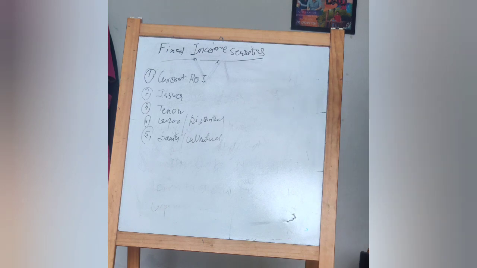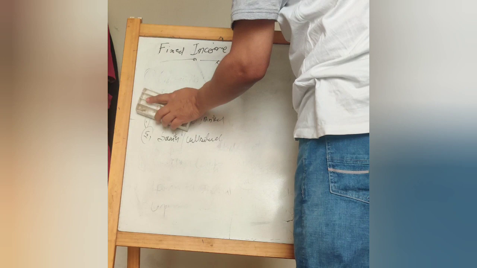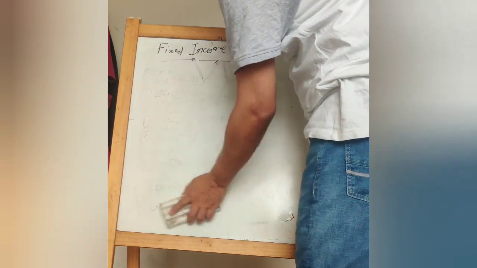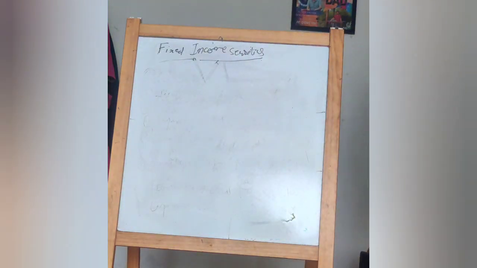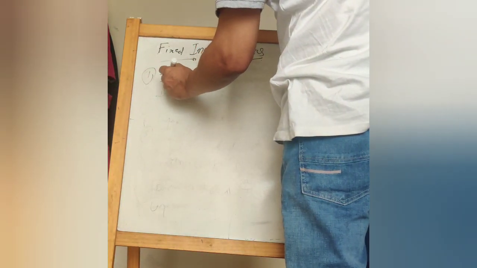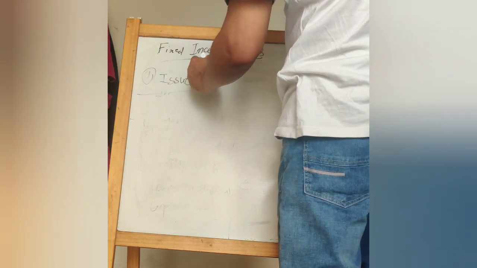Now I will discuss these factors individually to understand how they affect the pricing of a bond, what the reasons are, and what the underlying aspects are when we invest in fixed income securities. Let's discuss the issuer.